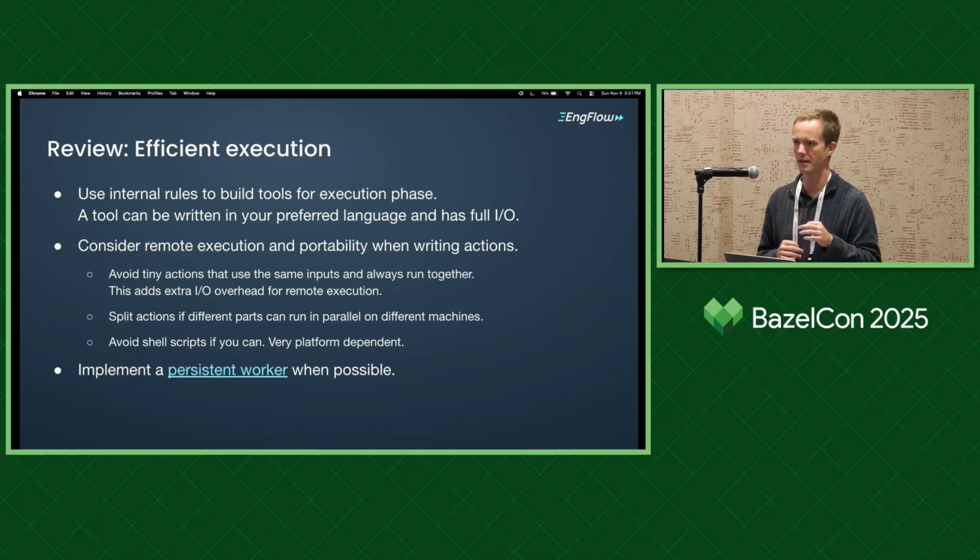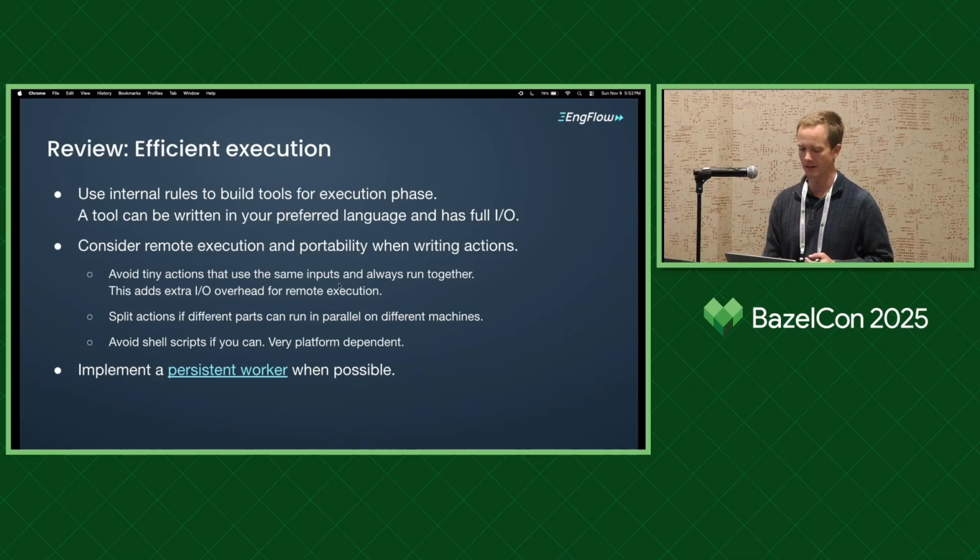And the question that I had at some point in Rules Go was, should this be one action, or should it be lots of little actions? It's kind of hard to make that decision. I ended up making it one action, but it doesn't work well for libraries where there are a bunch of C++ files that could be compiled in parallel. It simplifies the graph.